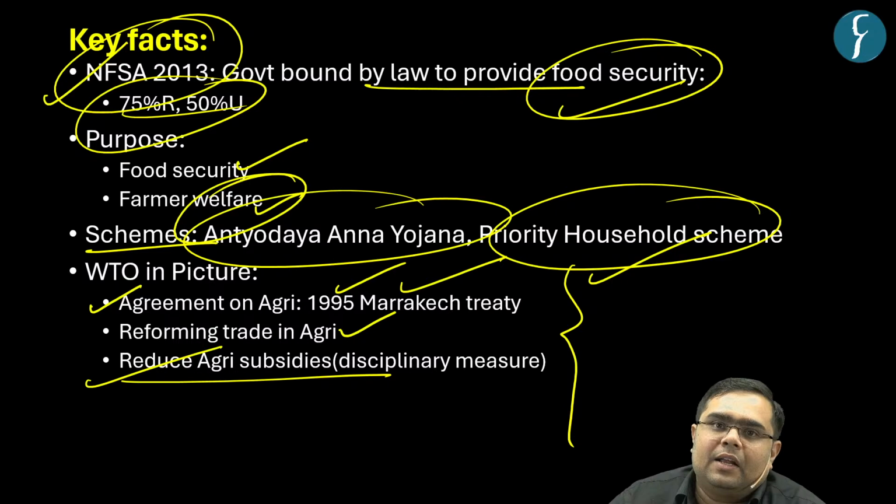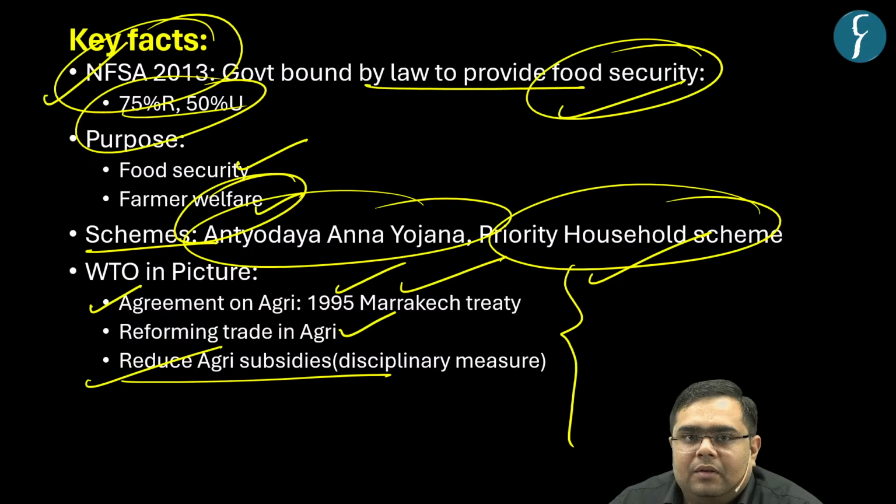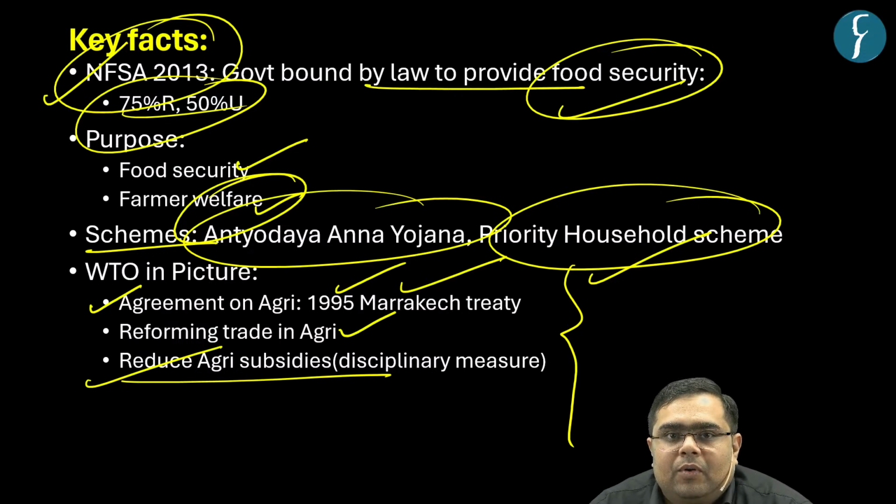And the article in this context was written by an economist who suggested that for the time being, India should provide a kind of olive leaf to WTO, and India should stop exporting rice and wheat from the reserve quota, because that is being procured by ensuring the minimum support price.